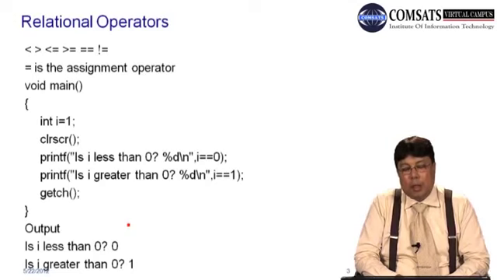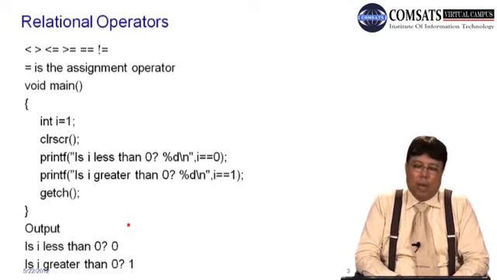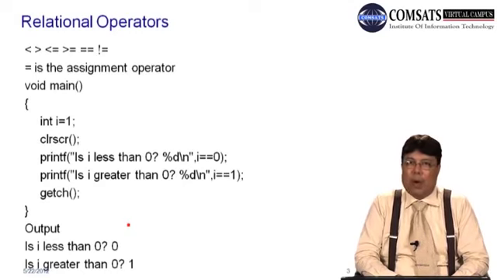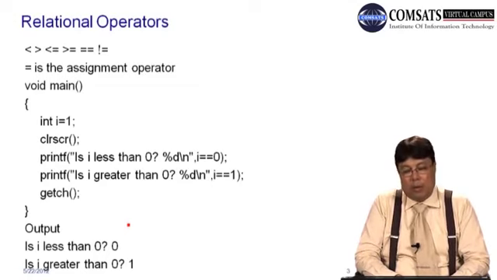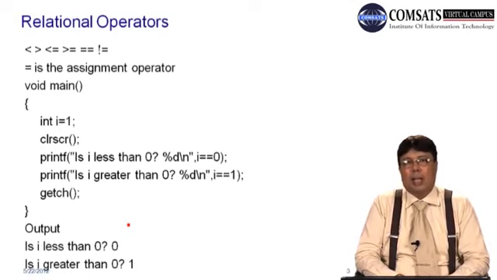The same question is repeated, but this time we have put a check i == 1. Since we have initialized the value of i equal to 1, the answer is true. True is non-zero, which is equal to 1, therefore the answer will be 1. The purpose here is just to show you that you can test any value with any corresponding value that you can provide as an R value.